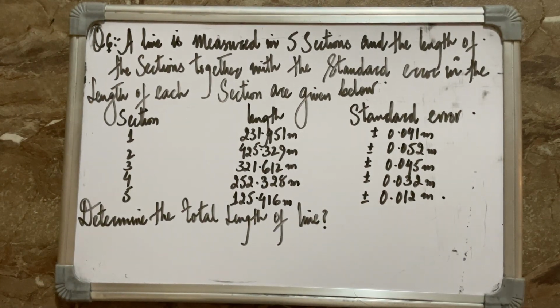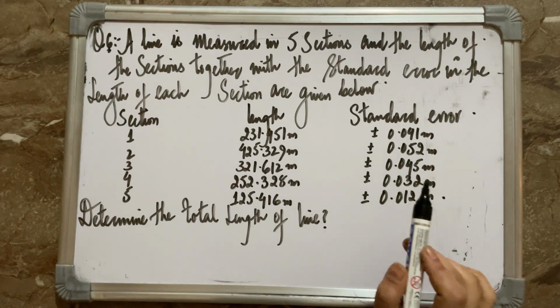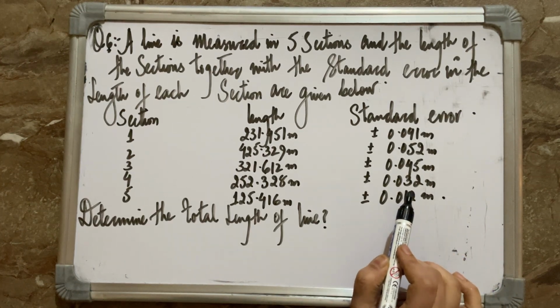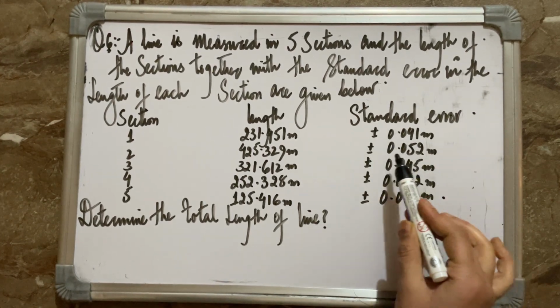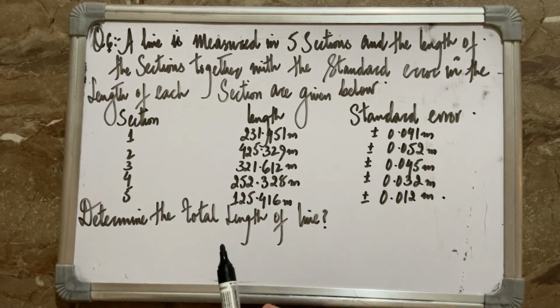So we have been given lengths and the standard errors. We have to determine the total length of this line. We know that the total length is the summation of these, but we have to calculate the effect of the standard errors in each of the observed quantities on the derived quantity, and that is given by differentiation.